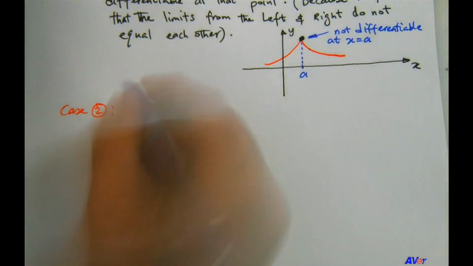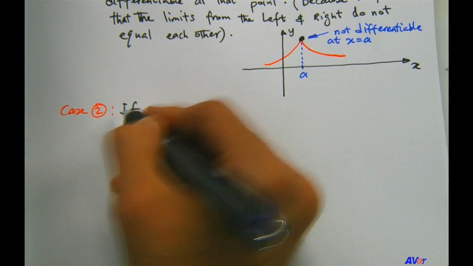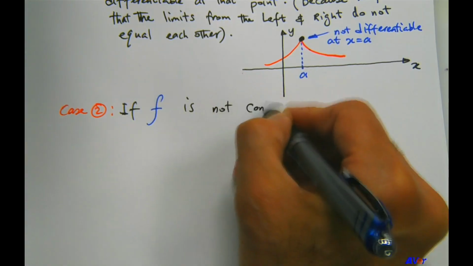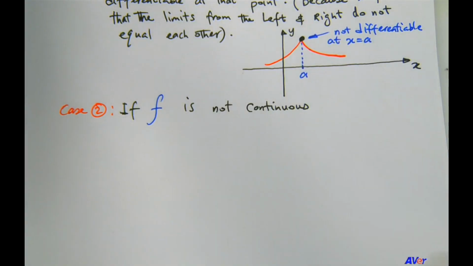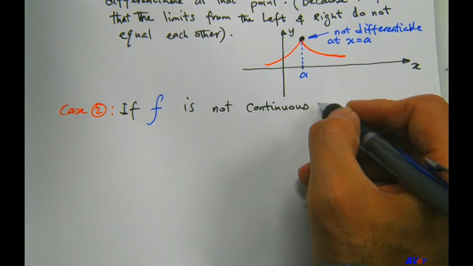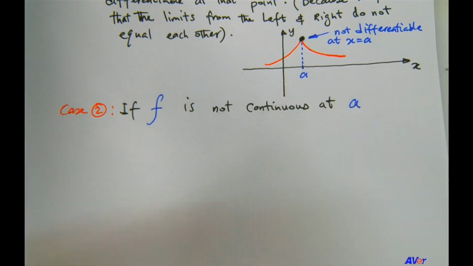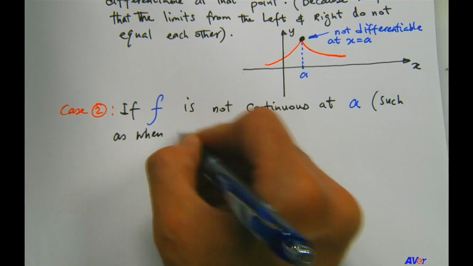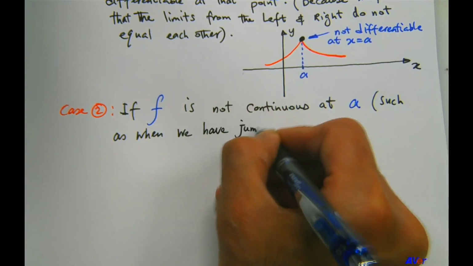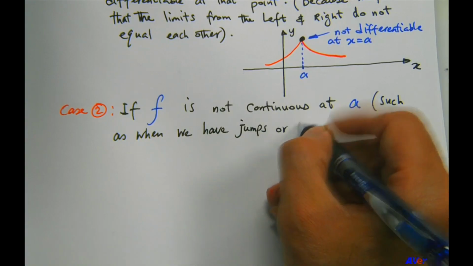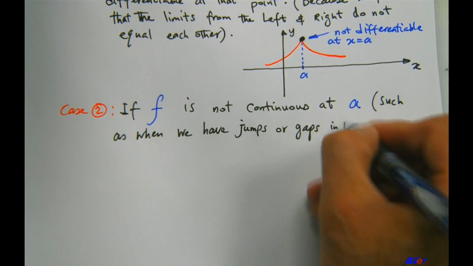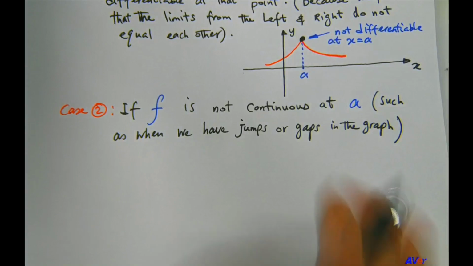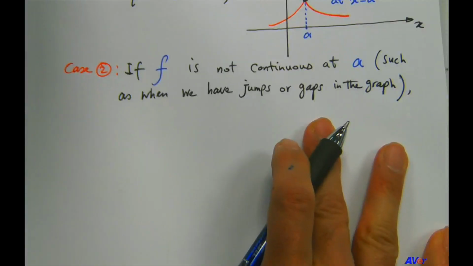In case 2, we say that if f is not continuous at a, such as when we have jumps or gaps in the graph, like piecewise functions, which usually have gaps in the graph, then f is not differentiable at a.